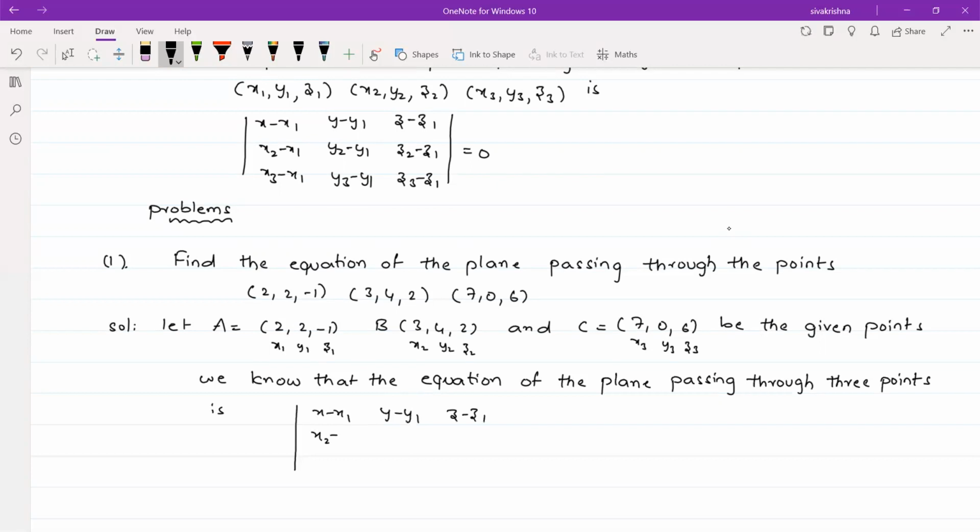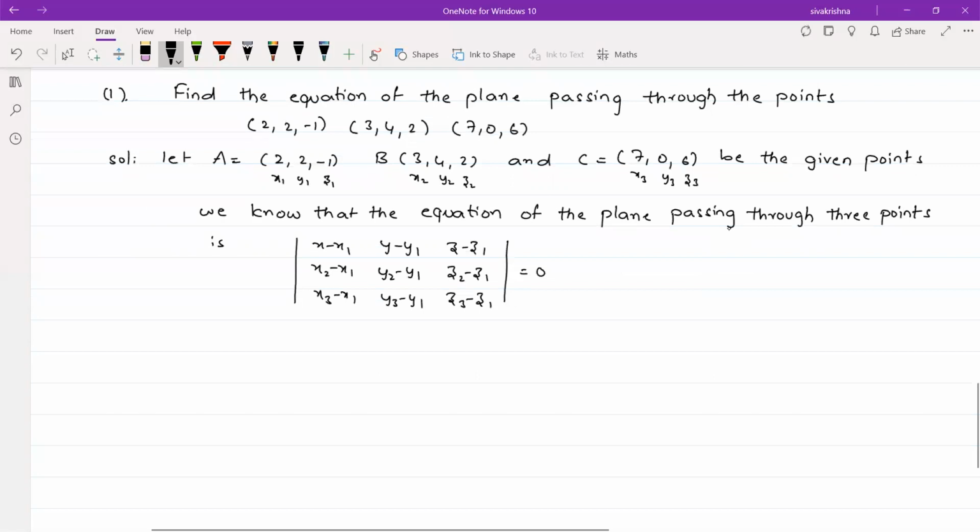And in the second row, we have to write x2 minus x1, y2 minus y1, and z2 minus z1, that is second row. And third row, x3 minus x1, y3 minus y1, and z3 minus z1. Okay, so this is equal to 0.